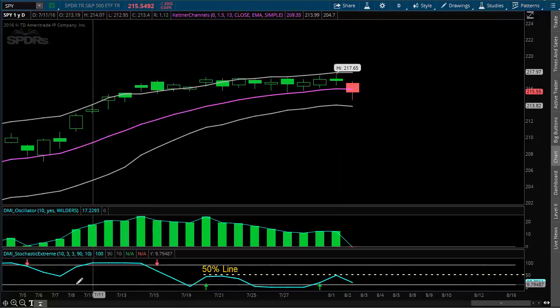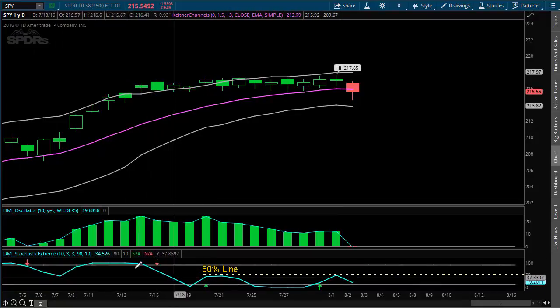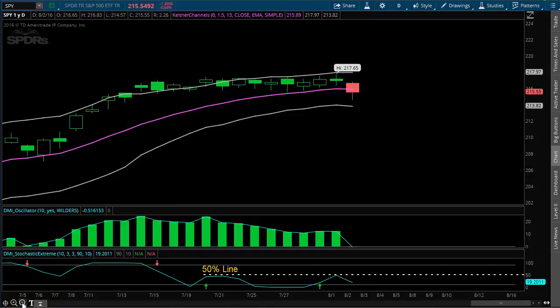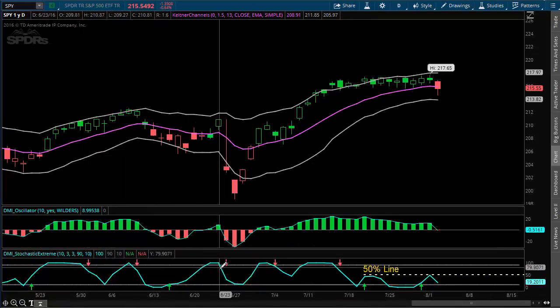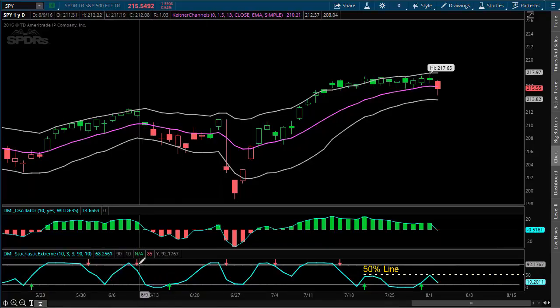What I posted on Saturday was that this DMI Stochastic Extreme really is a fast-moving oscillator. You can see it goes oversold, overbought, oversold, overbought, and we typically don't take signals strictly on that.